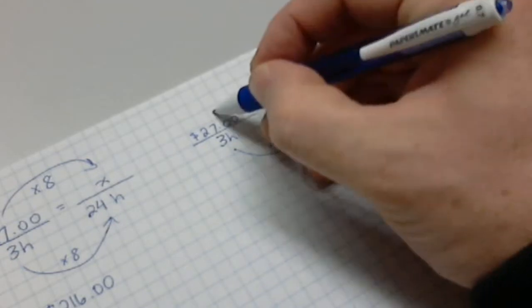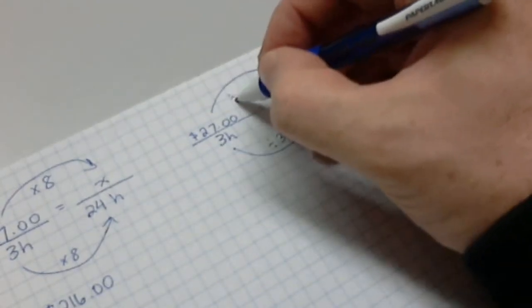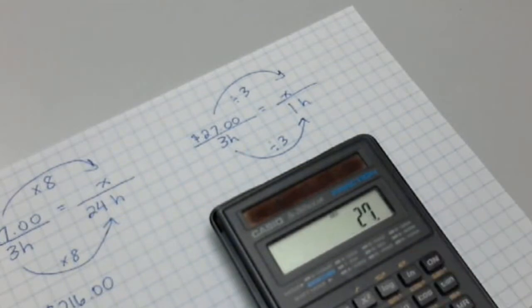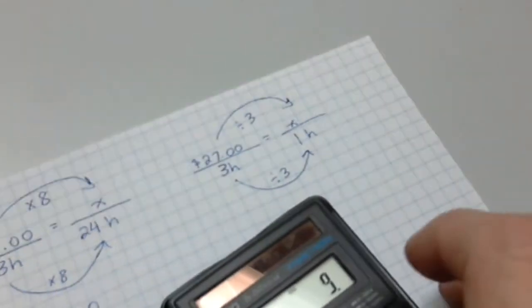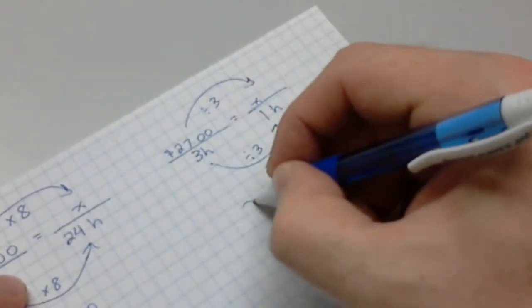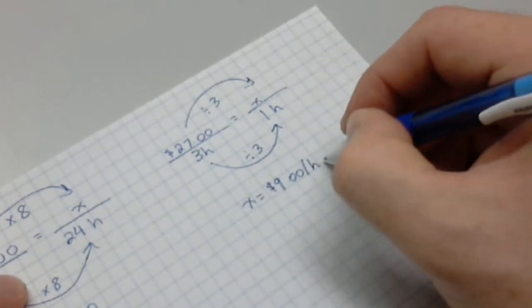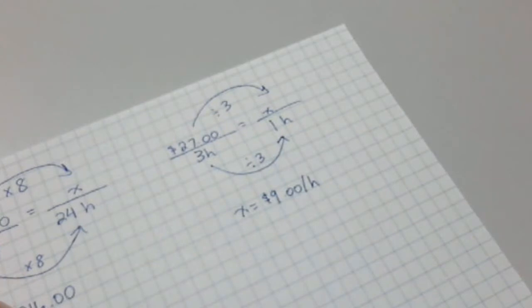And we're going to divide by 3. That's going to be our scale factor, divide by 3. And again, we can get out our calculator, and we can do 27 divided by 3. And we know that he earns $9 per hour.